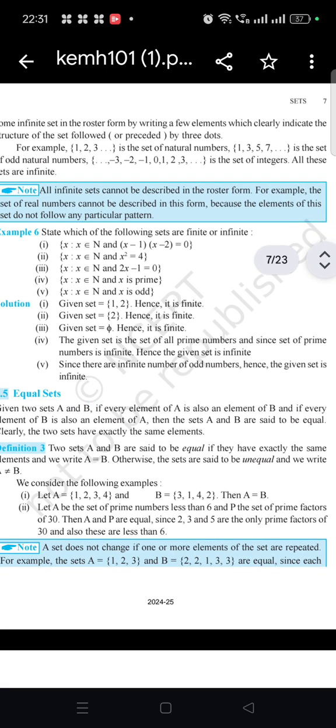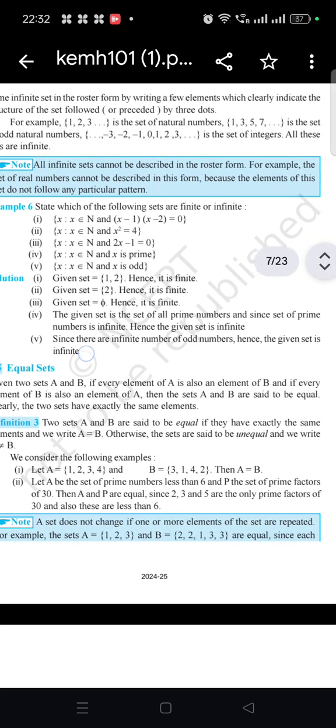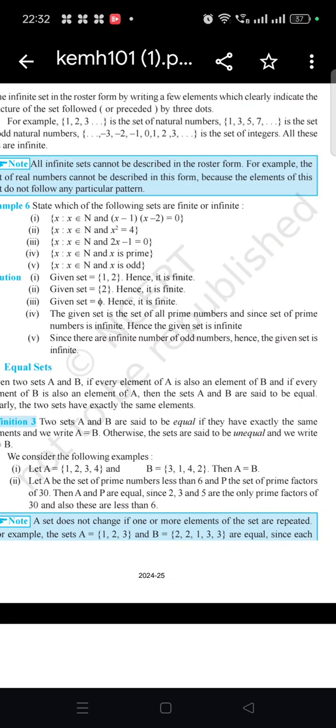Number 1: x belongs to natural numbers such that (x minus 1) into (x minus 2) is equal to 0. What is the solution? Here 1 and 2. The given set is {1, 2}. So it is finite.